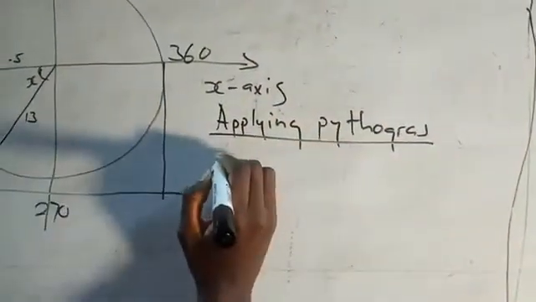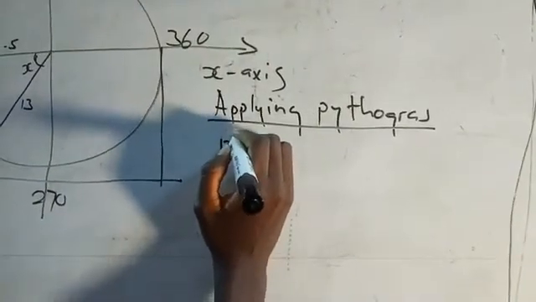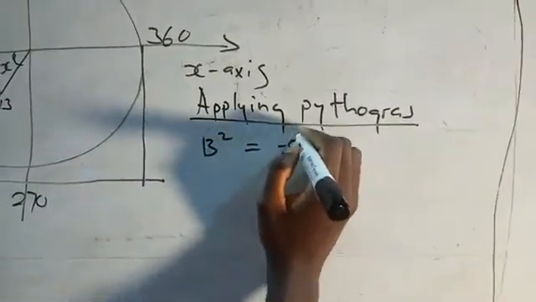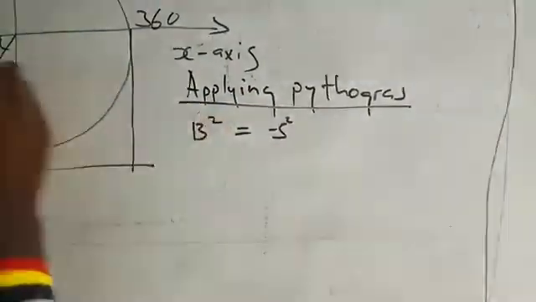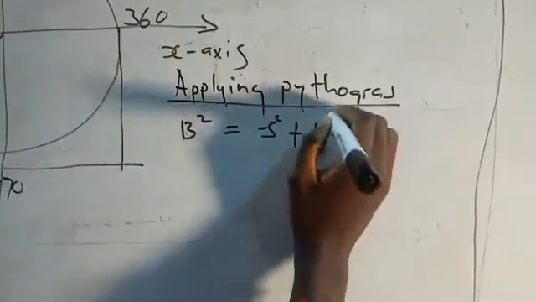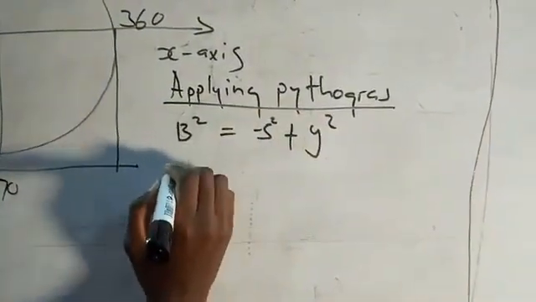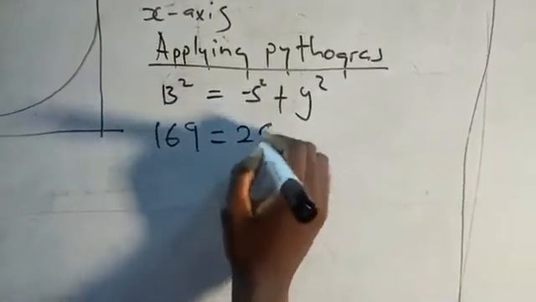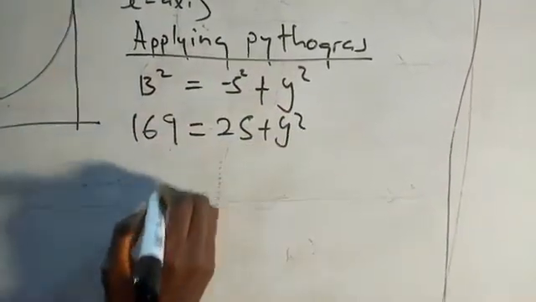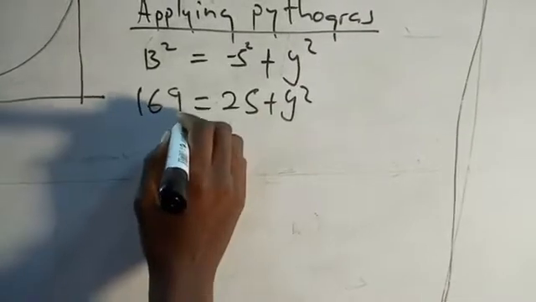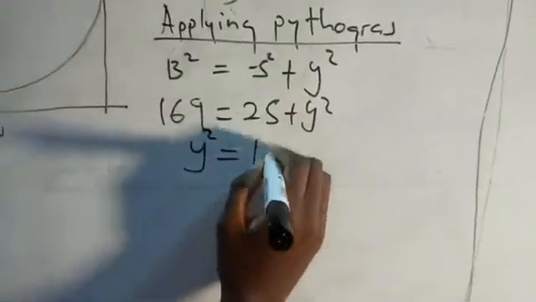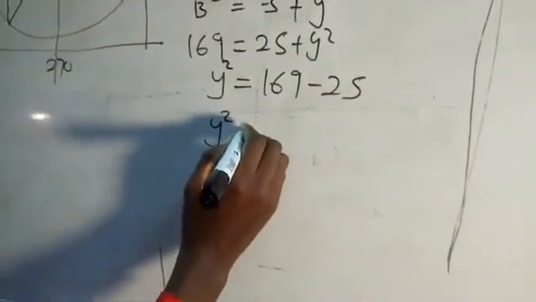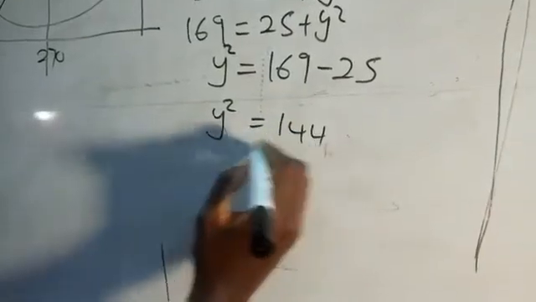It will be hypotenuse, which is 13 squared, equal to adjacent, negative 5 squared plus y squared, equal to 169. 25 plus y squared, and getting y, y squared equal to 169 minus 25, y squared equal to 144.